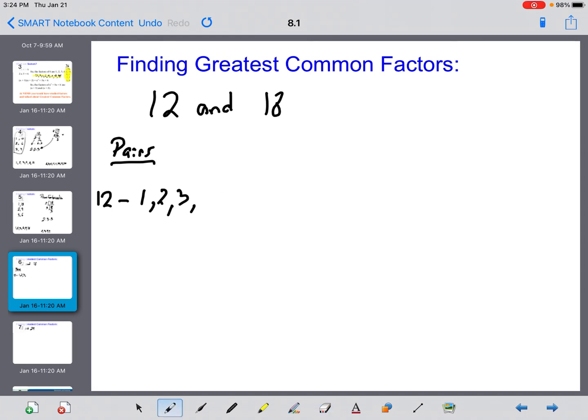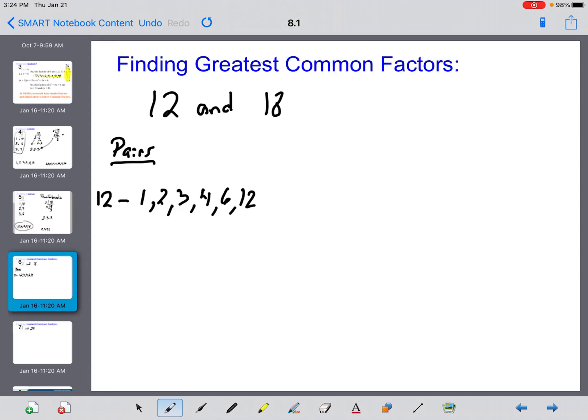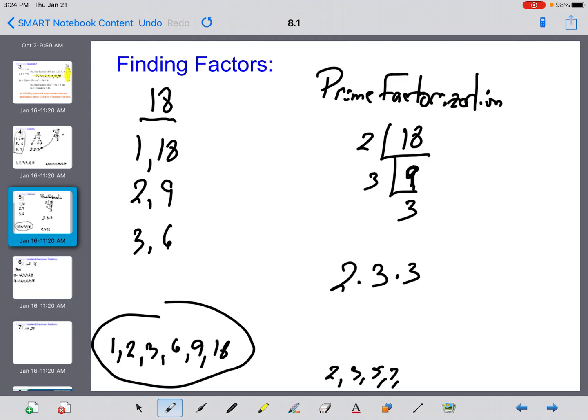Lost the 4. Gosh, I knew there was something missing. And for the pairs of factors of 18, you can see we have these, which was 1, 2, 3, 4 did not go, 6, 9, and 18.